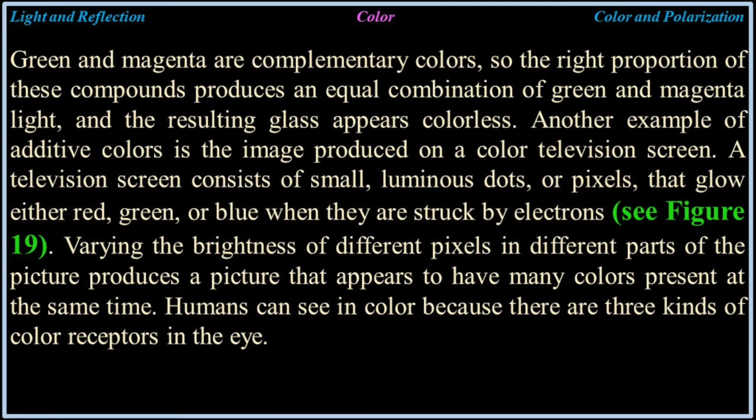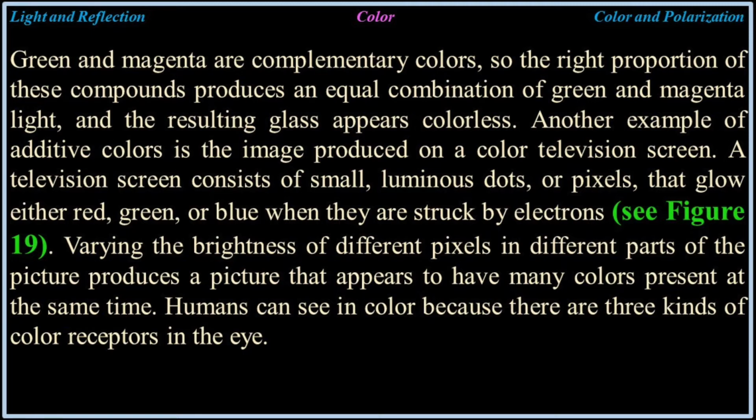Green and magenta are complementary colors, so the right proportions of these compounds produce an equal combination of green and magenta light, and the resulting glass appears colorless. Another example of additive colors is the image produced on a color television screen.